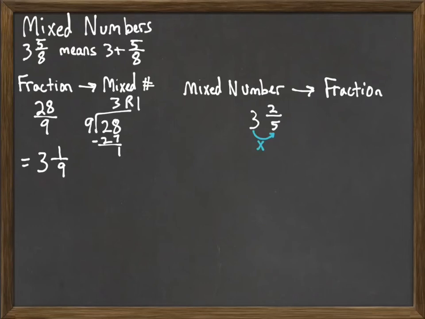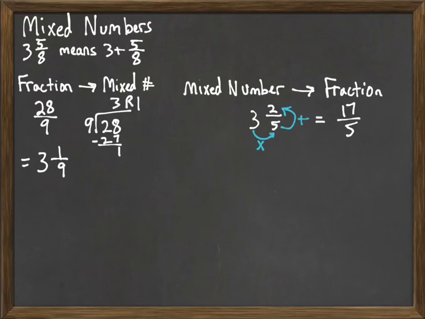Then taking that answer, which in this case would be 15, and then adding it on to the numerator. And that'll give us our new numerator for the problem, in this case 15 plus 2, which would be 17. And so the answer will be 17 over 5.